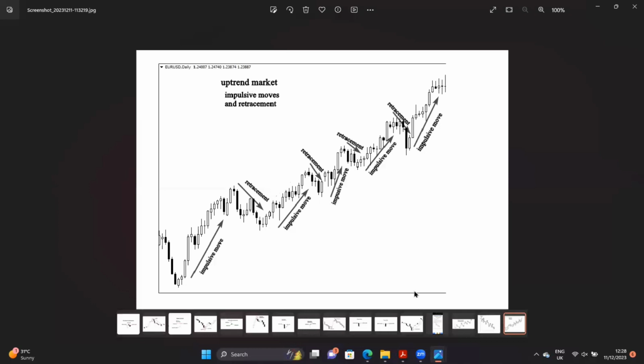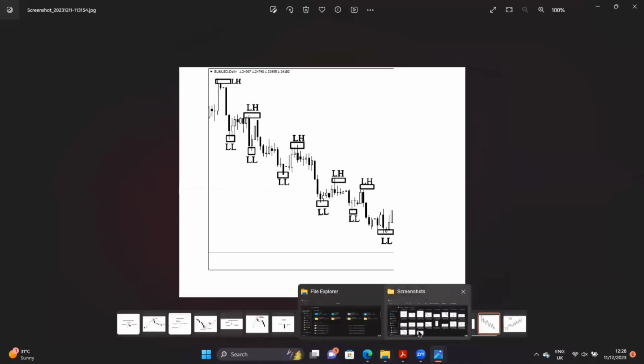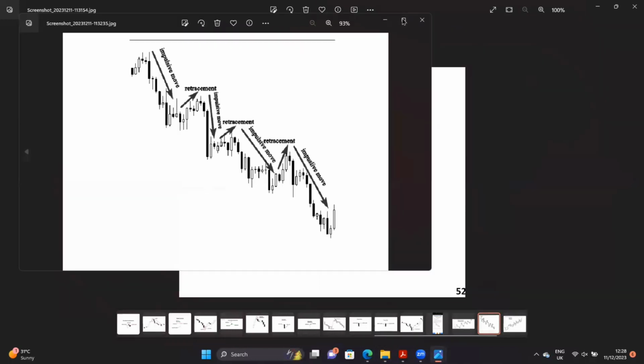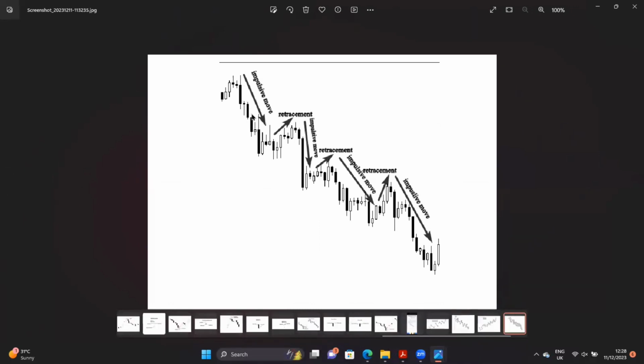It is very important. So let's take a quick example on the downtrend. For a downtrend, the same rule is applicable. Here, price is dropping in the implosive movement.